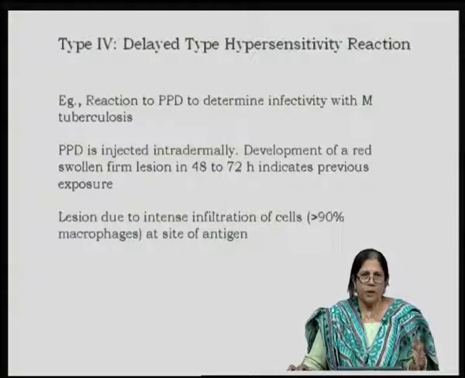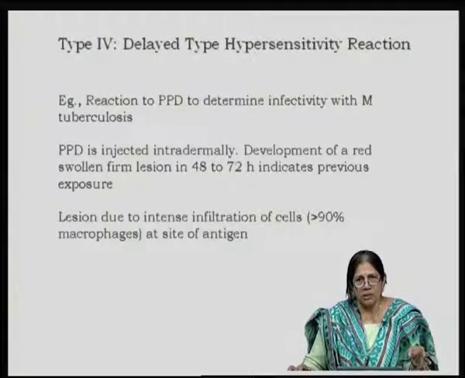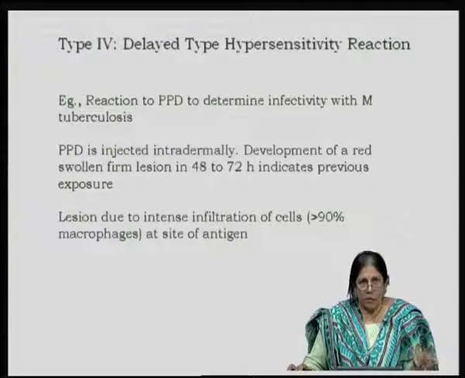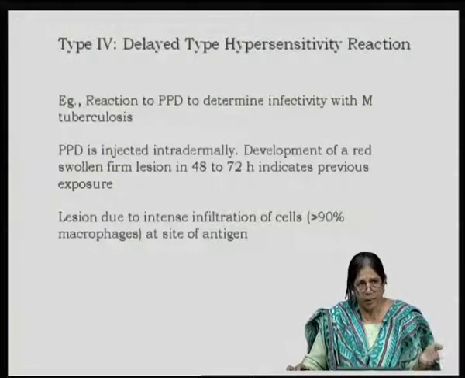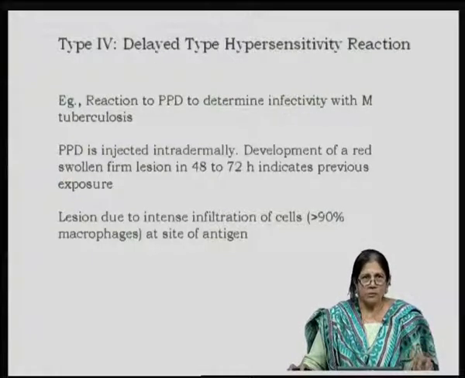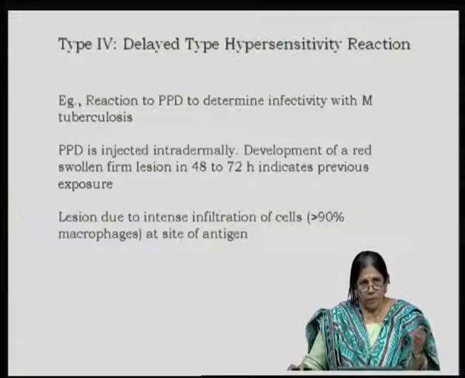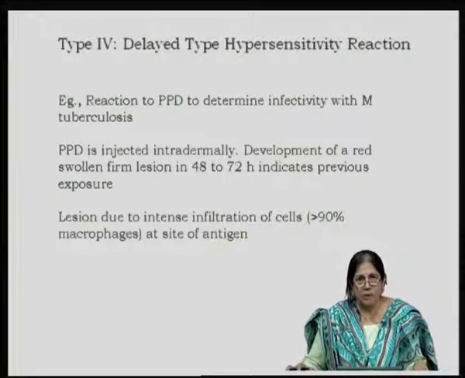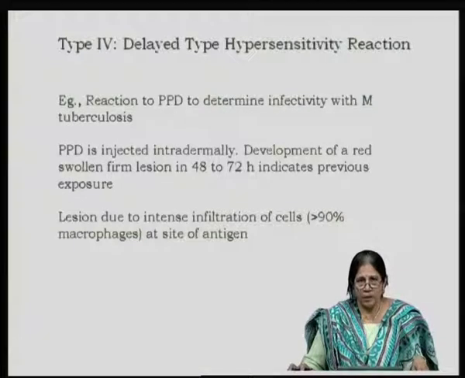So, when we normally inject the emulsion subcutaneously in mice and intradermally in rabbits, within 72 hours, if you go and see the area where the antigen has been deposited, you will see a lesion. To begin with, it looks like there is some pus, but soon after it becomes a hard lesion.